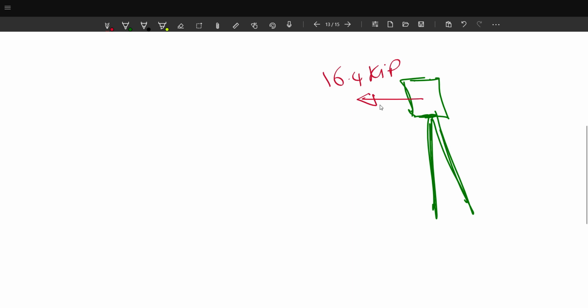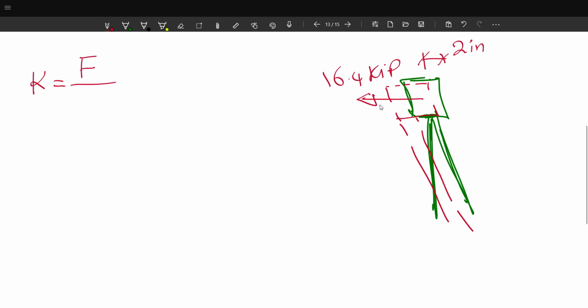And the motion of this structure, it was how much? It was 2 inches, right? So our stiffness is going to be the force required to displace this structure a distance u.